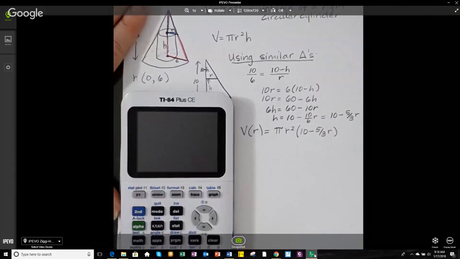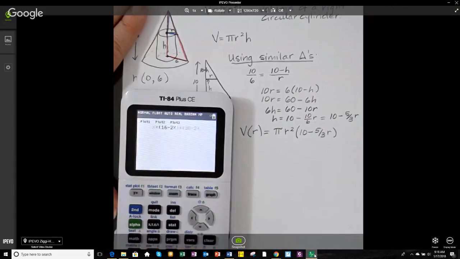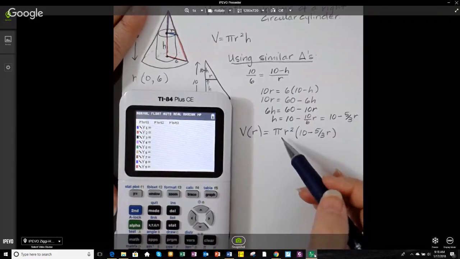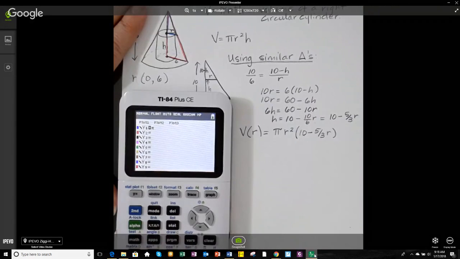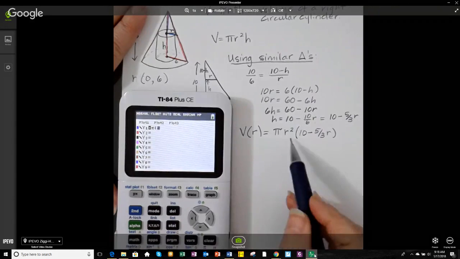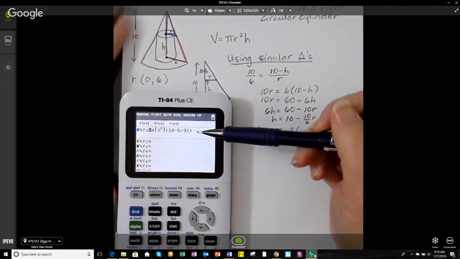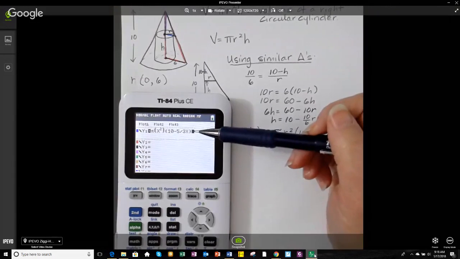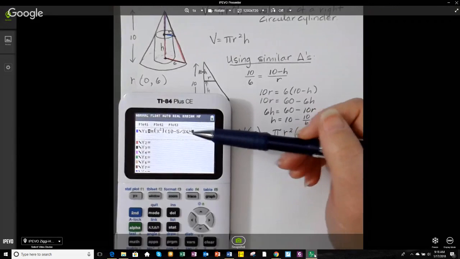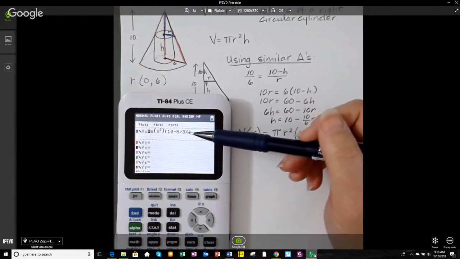All right, so let's do this. Plug it in. We're going to go y equals, let's clear this out, and type in our equation, which is going to be pi. So we're going to go second pi, parentheses, times x to the second, parentheses, times 10 minus 5 divided by 3 x. Now I had a discussion yesterday about, well, Mrs. Muller, don't you have to put something in parentheses with this 5/3?